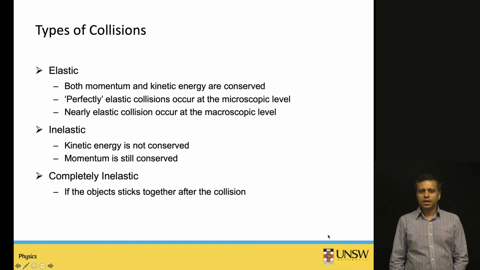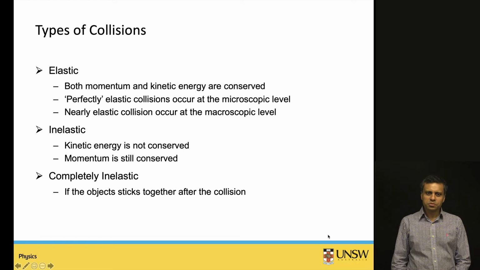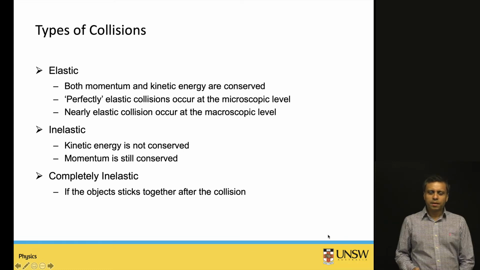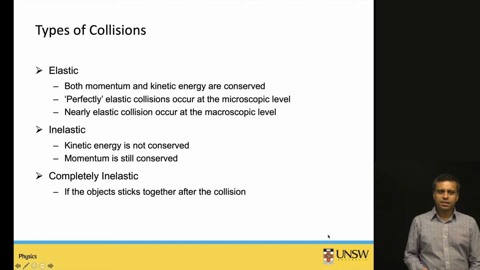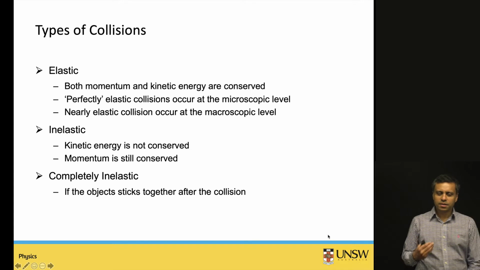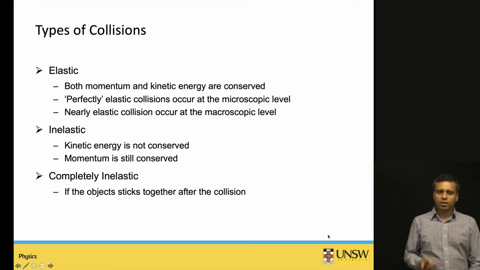In both of these collisions, conservation of linear momentum will hold because we will assume there will not be any external force acting on the system. But in elastic collisions, kinetic energy, the energy associated with the translational motion of particles, is also conserved.